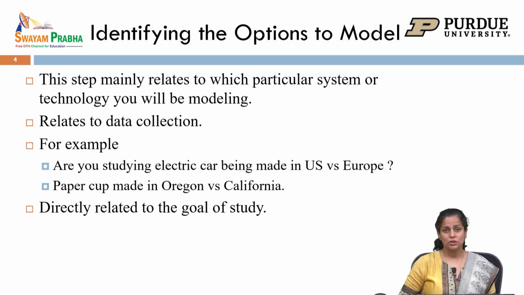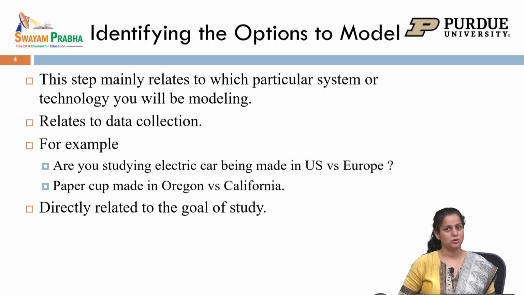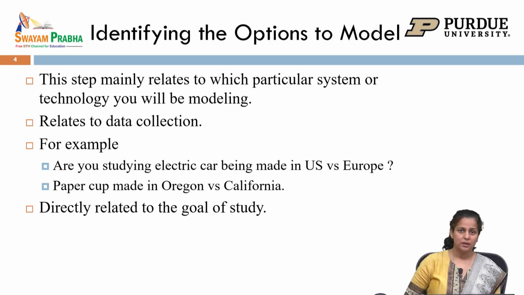So, based on your scoping, you would say this LCA has a certain intended goal, and it is the option where it is being manufactured that you are modeling. Hence, the first step of identifying the options that you are modeling is very directly related to the goal of the study. If your goal is not to study the national average, then you are not going to use the national averaging option.